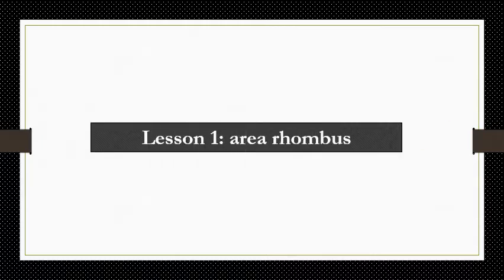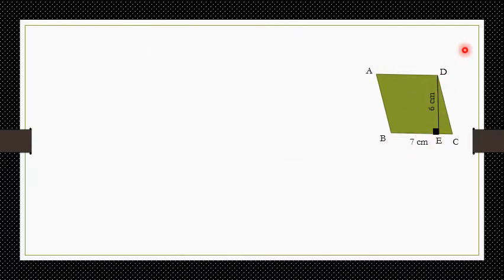Today we will make a revision on area of rhombus. Now, if we have a rhombus ABCD with side length equals 7 centimeter and height equals 6 centimeter, and we wanted to find the area of that rhombus.